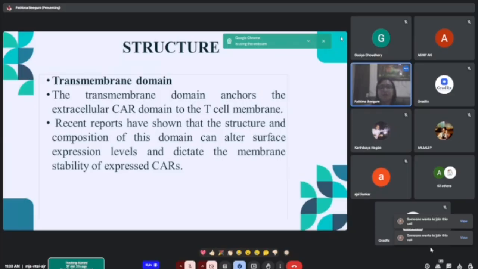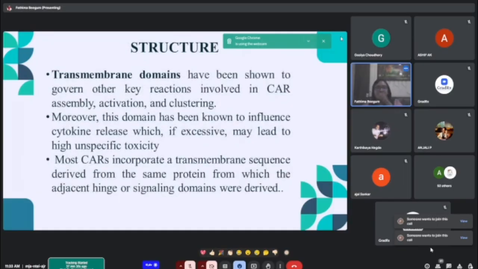And CAR expression is also mediated by this transmembrane domain. Assembly, activation, clustering, all are maintained by this transmembrane domain. Also, in certain types of CAR, we will discuss that. First generation, second generation, third generation, like that, CARs are there. So in one type of CAR, release of cytokine is also associated.